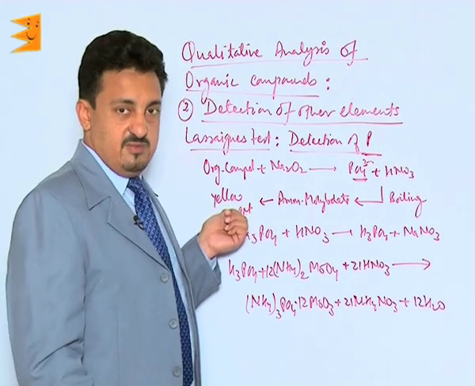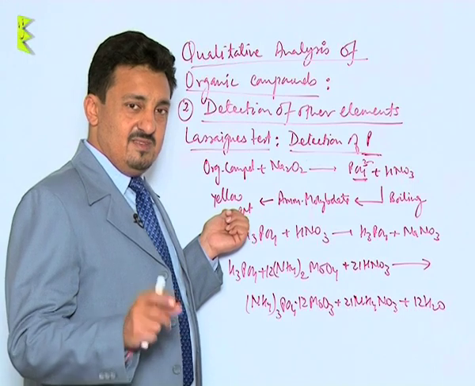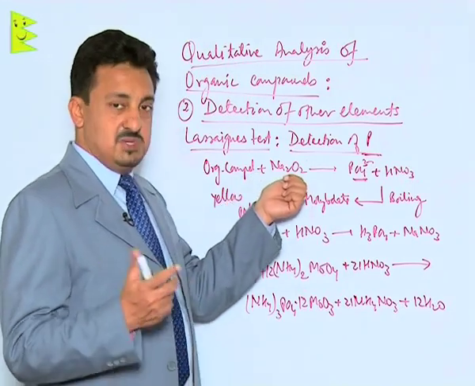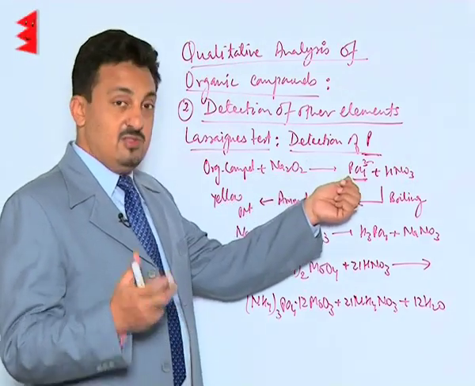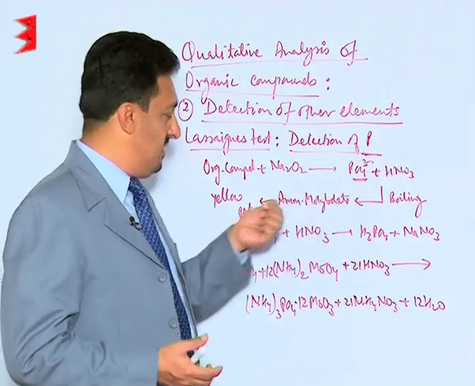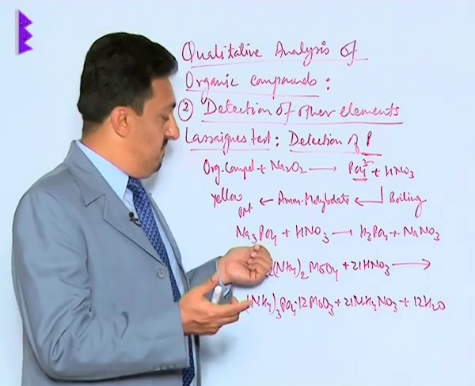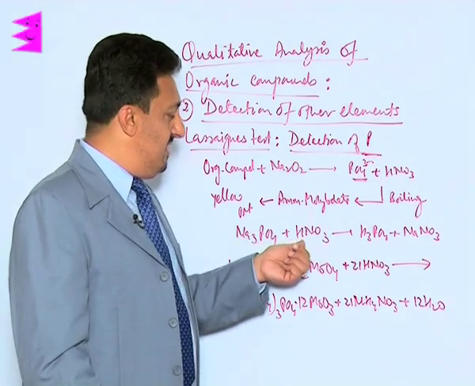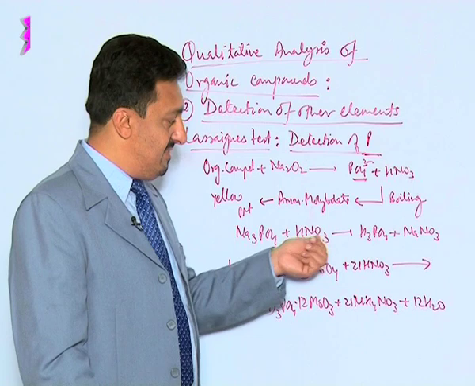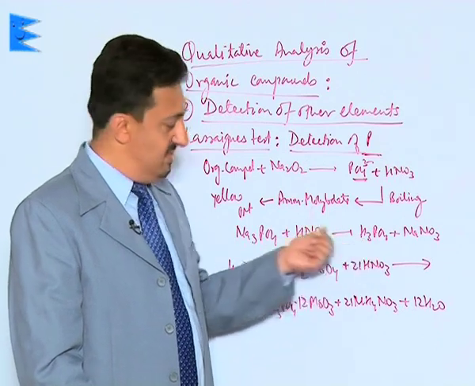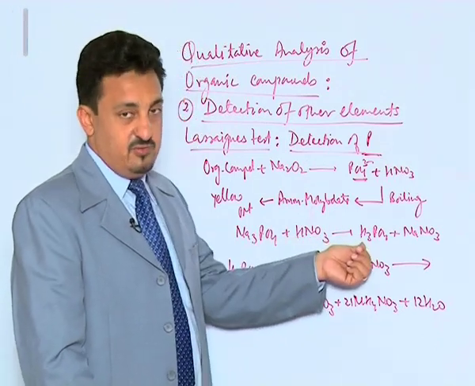The presence of phosphorus. Now what all reactions take place is that when the organic compound is heated with this oxidizing agent, we get phosphate. So in the reaction mixture, we are having sodium phosphate, mainly phosphate ions. Then when these phosphate ions are heated with nitric acid, we get phosphoric acid.